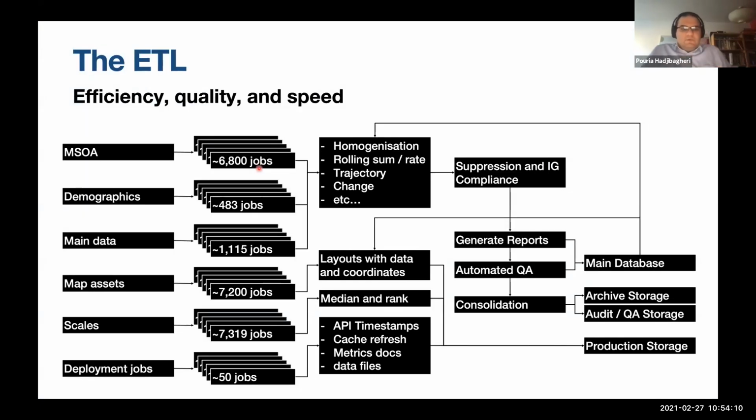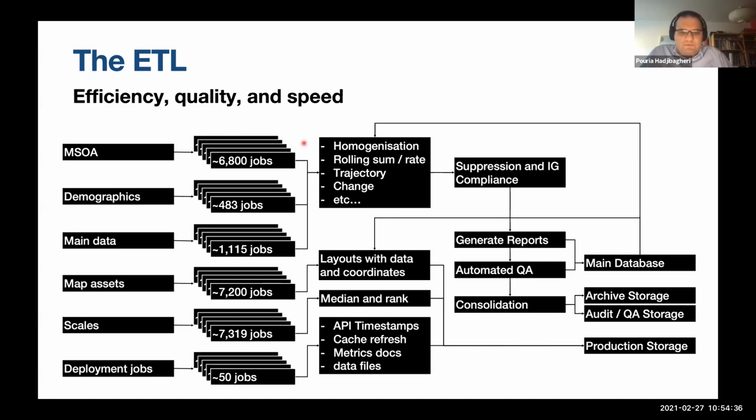Now, moving on to ETL, this would be the structure of the ETL. So once data are pushed to our ETL service, we split them into a whole lot of jobs so that we could deploy a distributed computing infrastructure, which uses up to 90 computers simultaneously to process these figures.